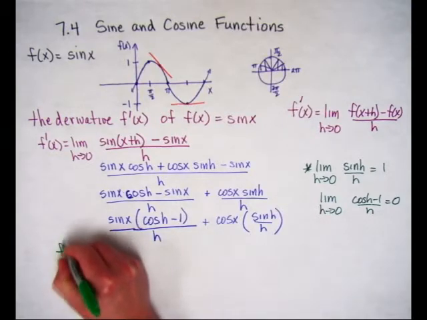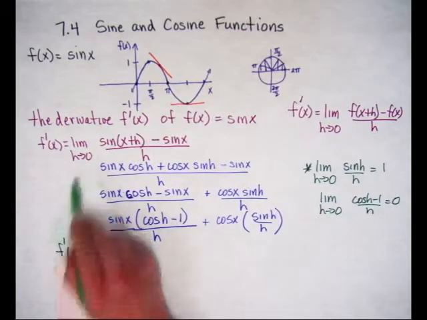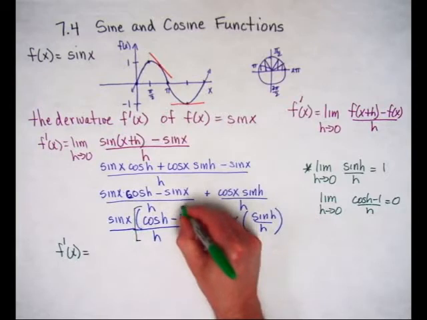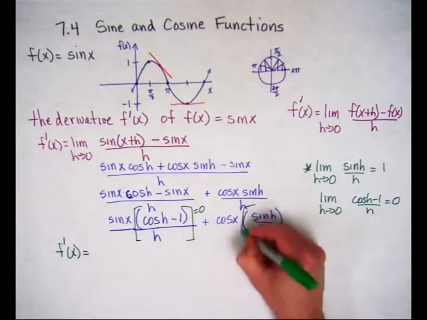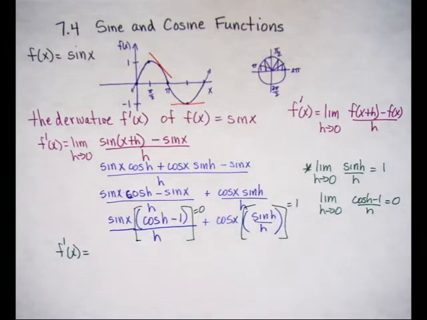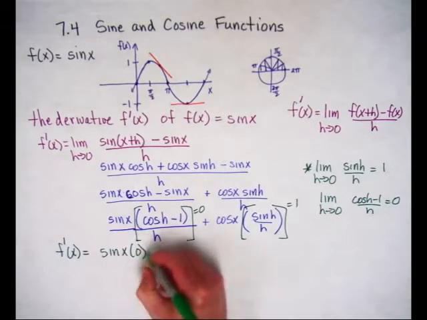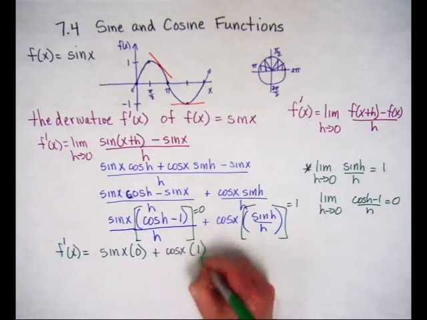So our derivative f prime of x is equal to, we can now take the limit. When we take the limit, all of this right here becomes 0, and all of this right here becomes 1. And we end up with sine x times 0 plus cos x times 1.